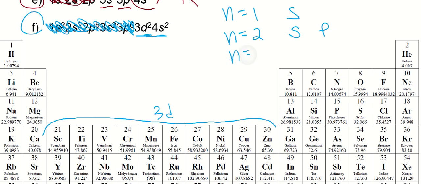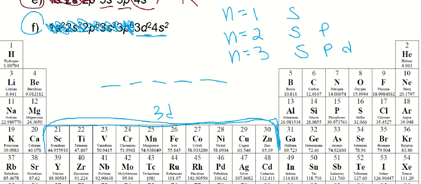N equals 3, that's the first time you have the new orbital available, the d. So that's why I'm saying this is the first d section. There's 10 columns representing the 10 electrons that go into the d orbitals.